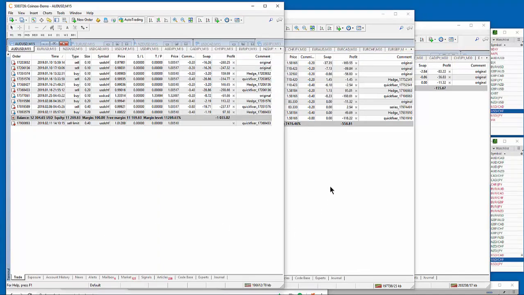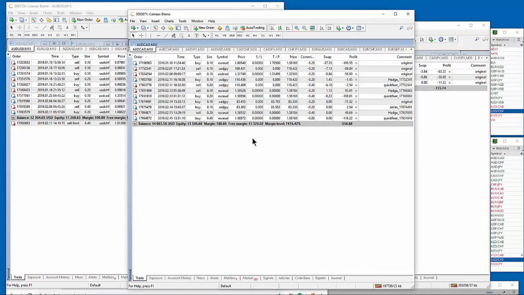Looking at what this 30-minute account has done on all 28 pairs, we're currently sitting on a $559 negative PL, but the balance is up $4,065 from where it started 6 weeks ago.